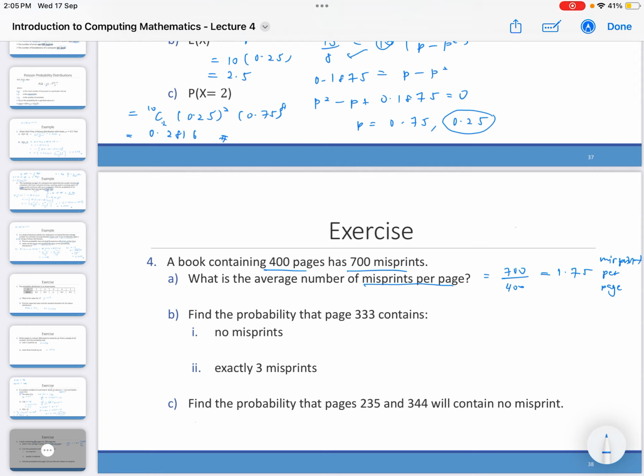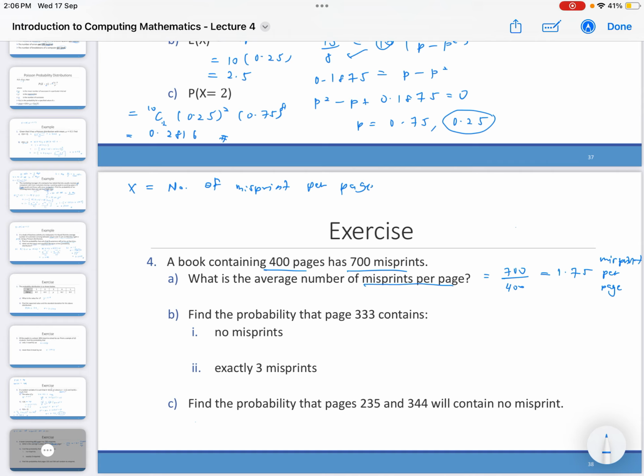Find the probability that page 333 contains no misprint. If you look at this, we have on average 1.75 misprints per page. So we can define x equals the number of misprints in one page.